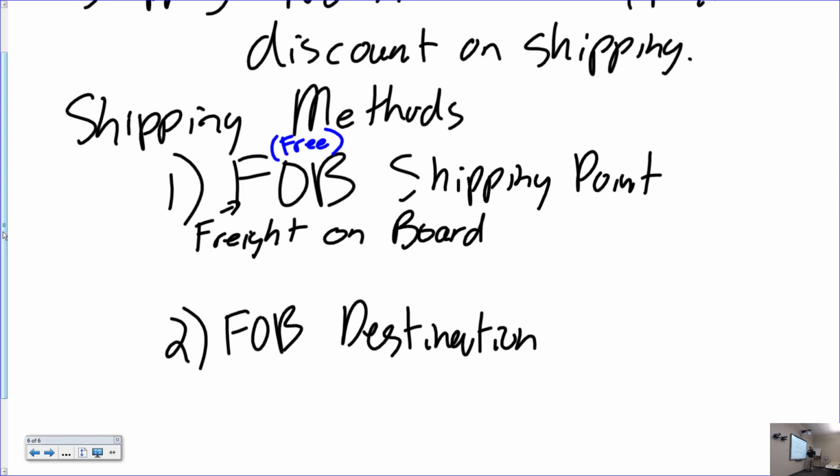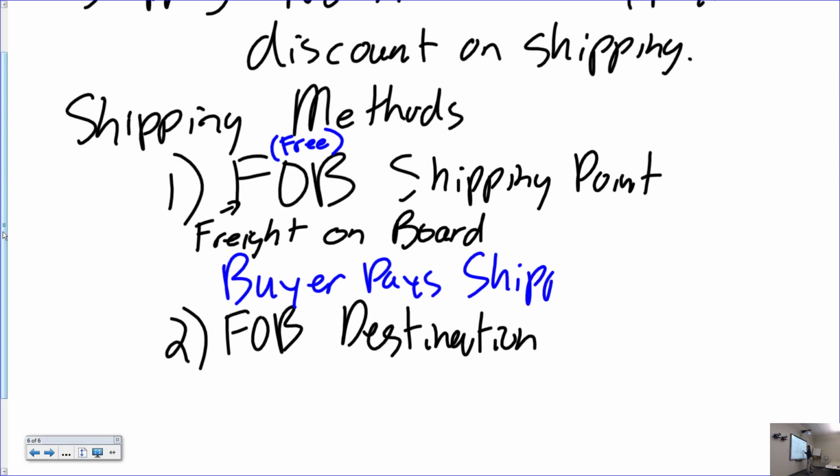The receiver. The receiver or the buyer, right? And so FOB destination, if it's free at the destination, then at the shipping point is where we'll pay for it. This is where the seller pays shipping.